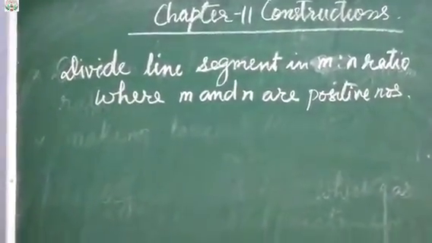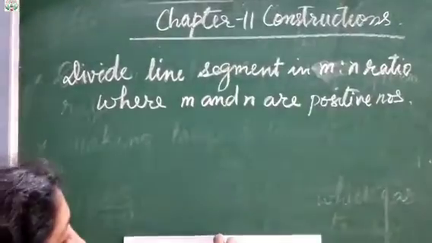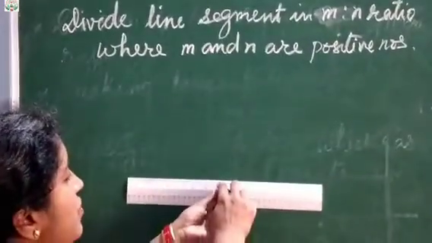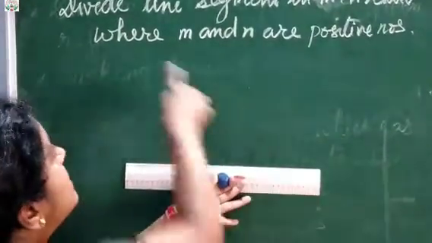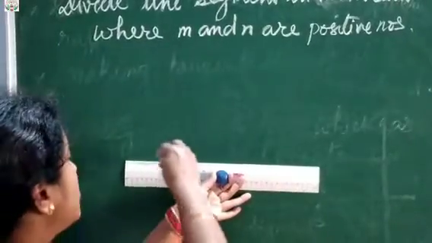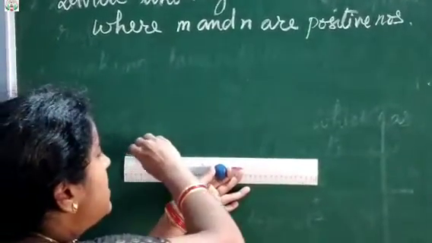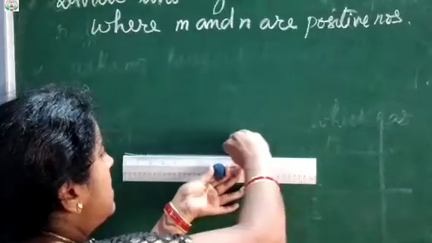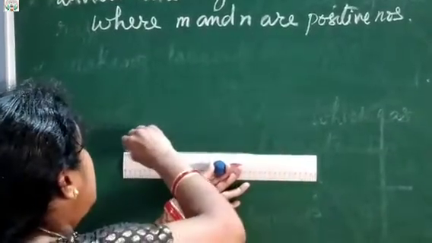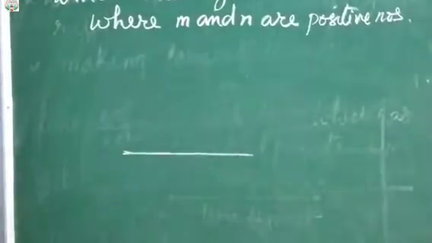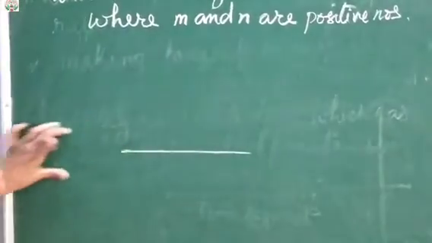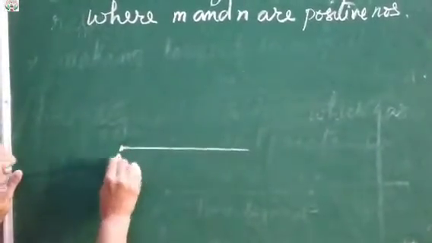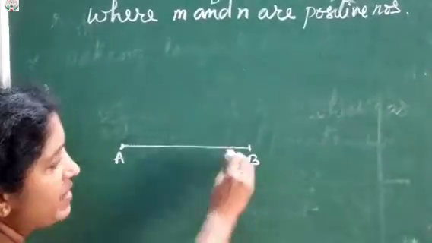We will take a line segment of any measurement, because here the measurement is not given. So let it be 10 centimeters, with endpoints A and B.